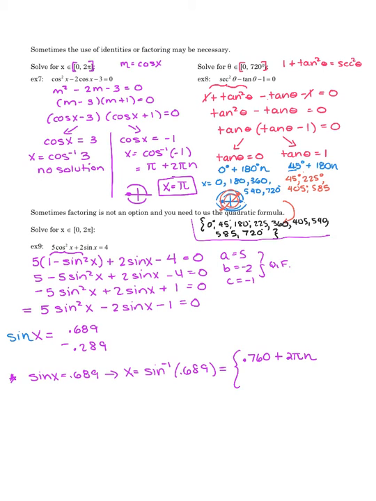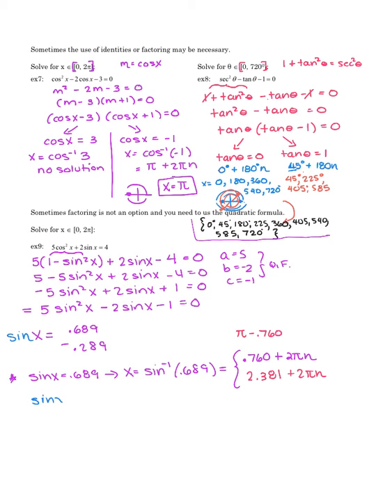And our second solution, remember, I'm going to write it up here, is going to be pi minus 0.760. And the answer to that is 2.381 plus 2 pi n. Okay, so we have the two answers that went with sine x equals 0.689.